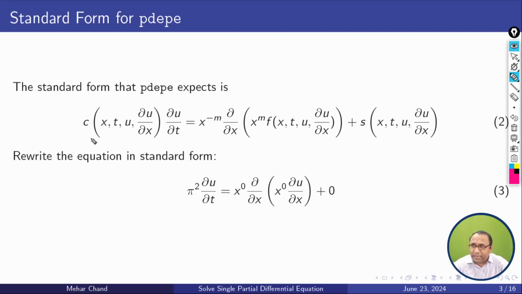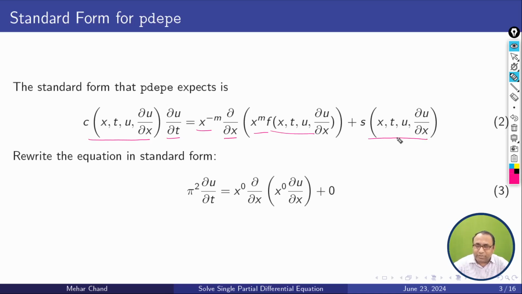Here you can see c, which is a function of x, t, u, del u upon del x, times del u upon del t, equals x raised to the power minus m, del upon del x of x raised to the power m times f, which is a function of x, t, u, del u upon del x, plus s, a function of x, t, u, del u upon del x.